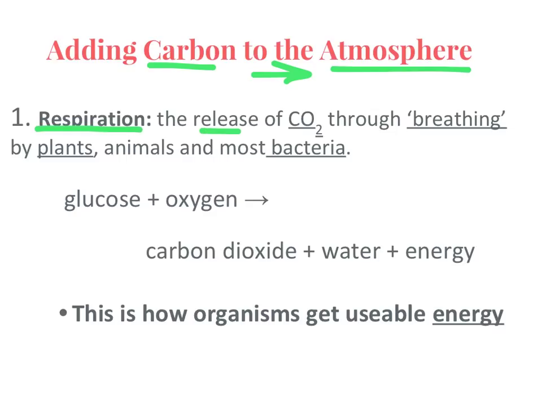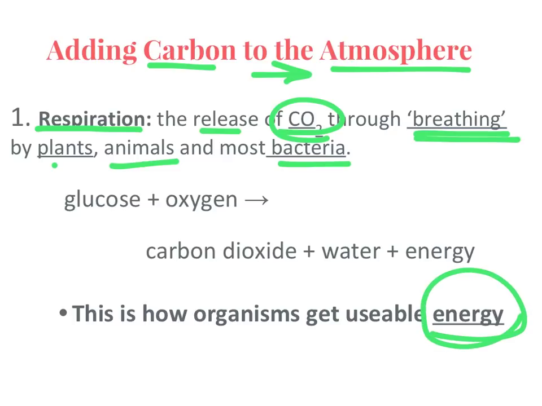Respiration is releasing CO2, again putting it back into the atmosphere through a sort of breathing, right? By both plants, animals, and most bacteria. Animals, thinking about humans, we know we take in oxygen, we release out CO2 into the atmosphere. This process of respiration is how we get our usable energy.